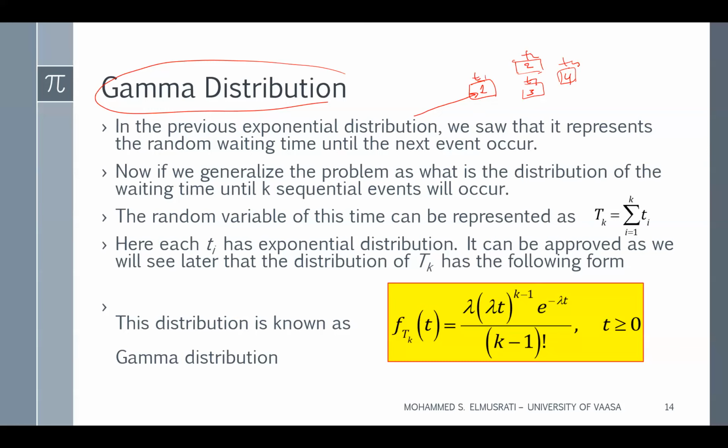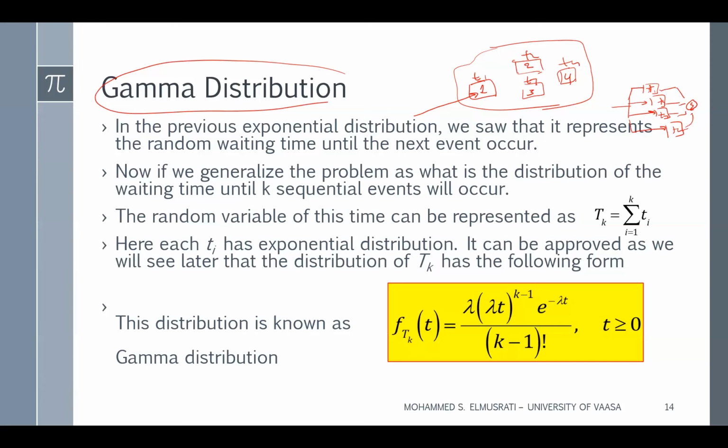Assume that this system will be in complete outage only if all of them get a failure. Maybe they are connected in parallel. For example, assume that the system is connected this way. This is T1. This is T2. This is T3. This is T4. And we have a summation here.